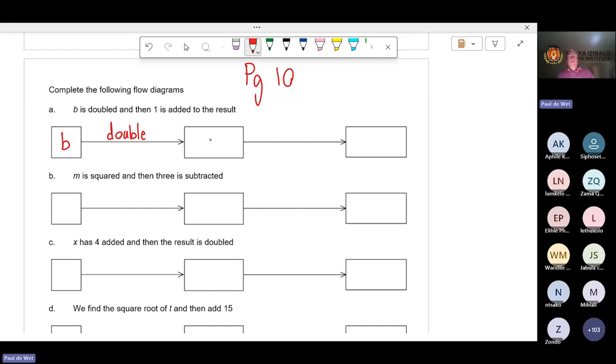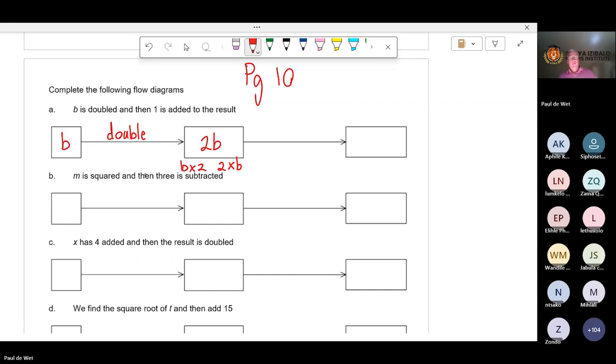Now, guys, this is really important. The way we write double B, we write 2B. We don't write B times 2. We don't write 2 times B. We write 2B. 2B means 2 times B. I know you might say, Paul, what about B2?